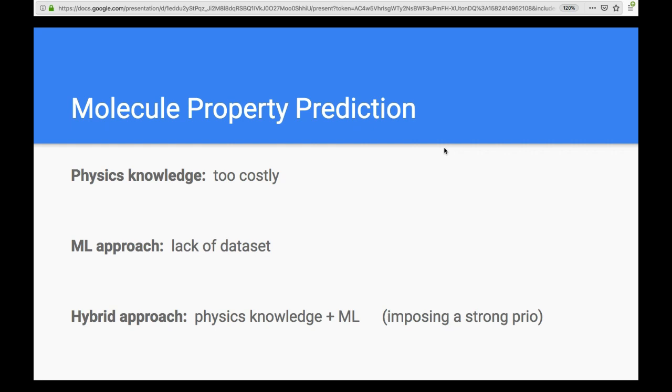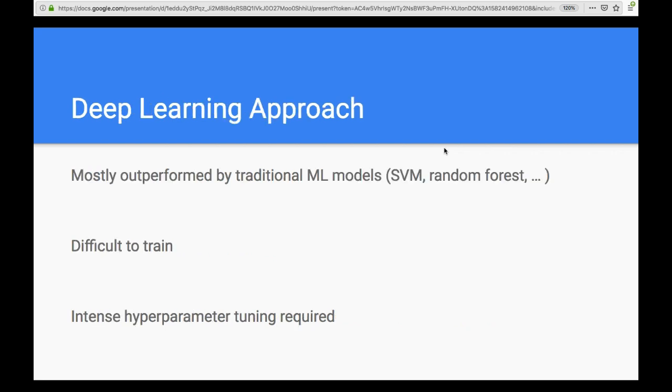We can actually combine some physics knowledge to impose a strong prior on the machine learning model, so those models don't really need to learn from scratch. I think this is the preferred way so far, and it's also how this paper is going to approach it. So we will find out later.